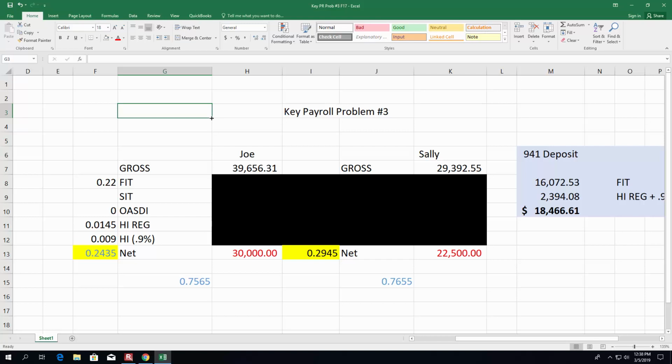The beauty in this is you can prove yourself out. How do you prove that you got the right gross? You just multiply that gross by each of the tax rates, and it's got to come out nice and neat to the net, right?